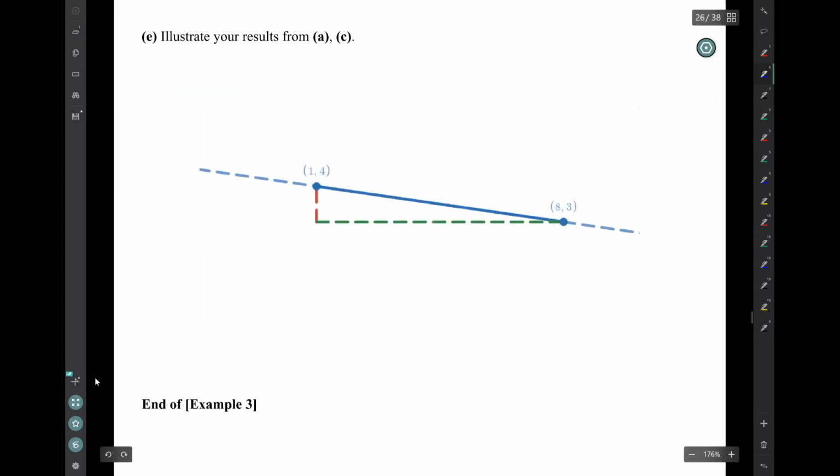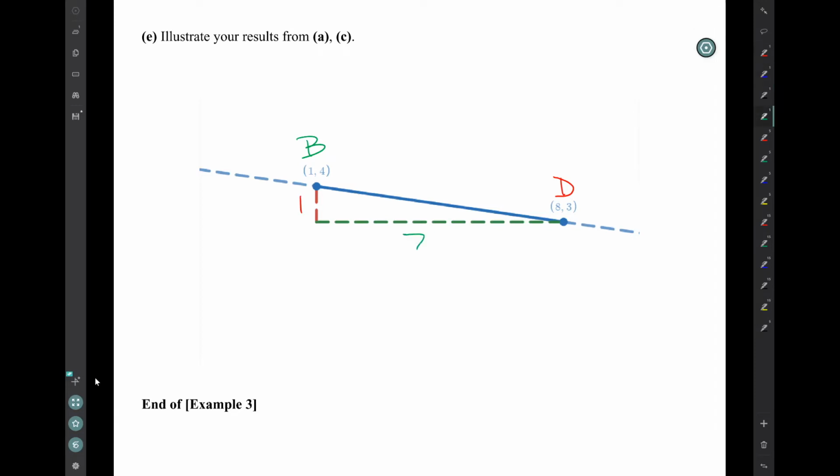Question E is to illustrate the results from A and C. Here we can see that point B is over here, point D is over here. The taxicab distance between them is 8, and that's obtained by going down 1 and over 7.